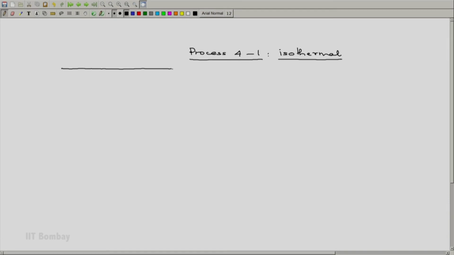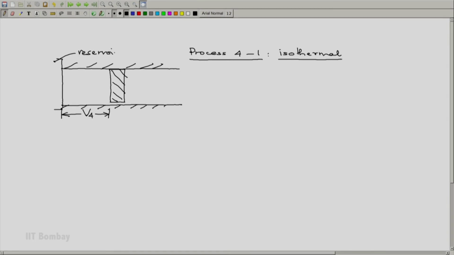So the system sketch, we have our cylinder, piston initially at volume V4, the piston is insulated, part of the cylinder is insulated, but because heat will be absorbed from the high temperature reservoir, we have here a reservoir at TA.